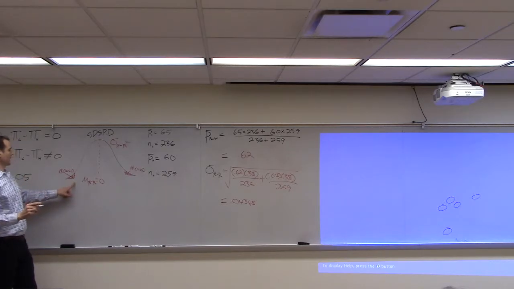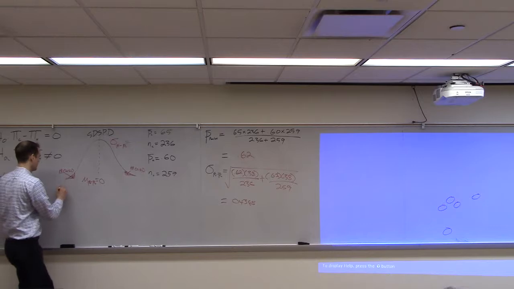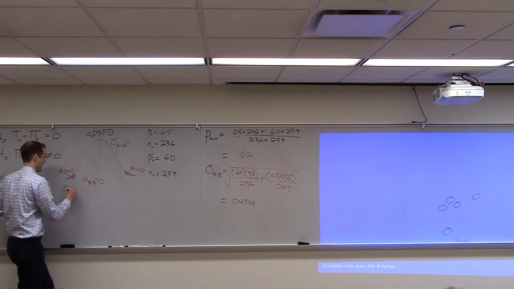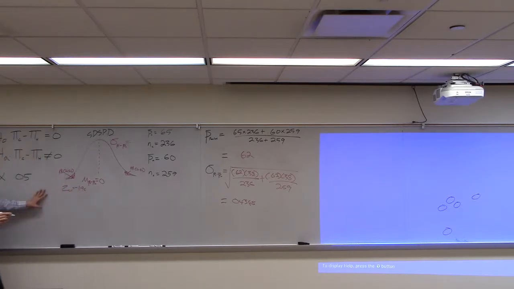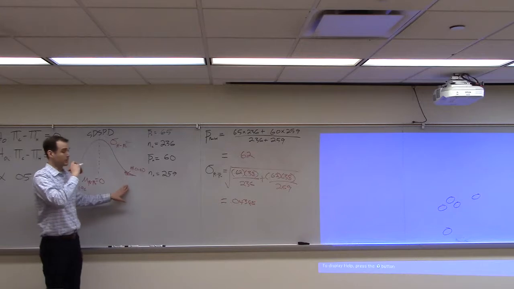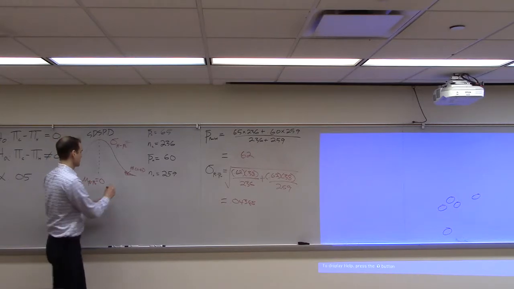So what is the z-value that separates the bottom 2.5% from all the rest? Negative 1.96. What's the z-value that separates the upper 2.5% from all?